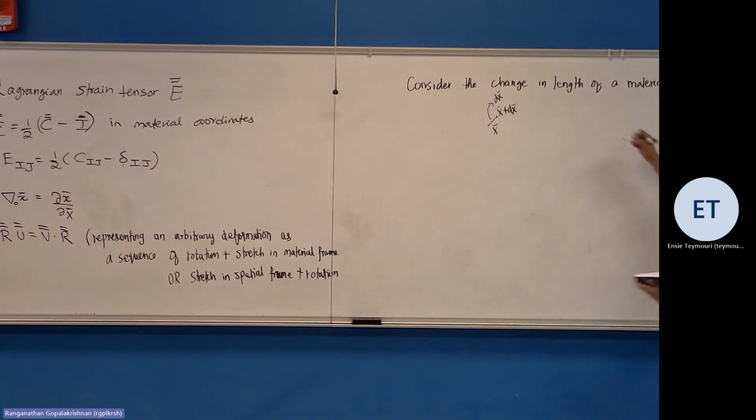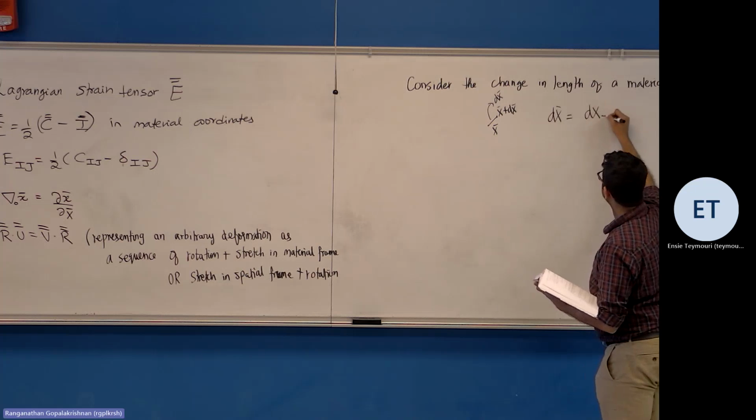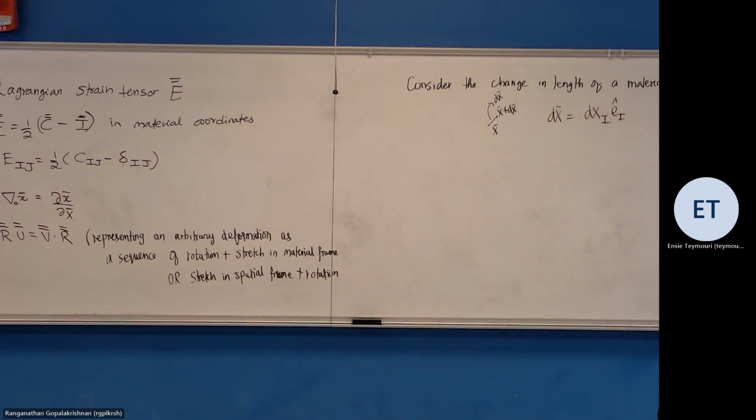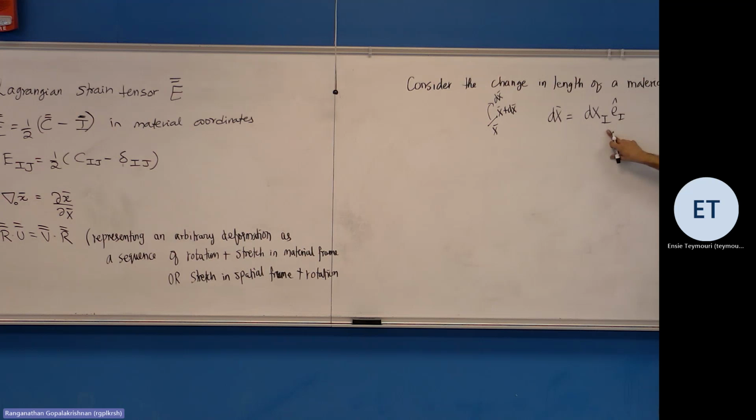So dx you can write as dXi Ei cap. Can you? Like small change in length, differential change in length along directions 1, 2, and 3. So this is the component of the change in position vector.